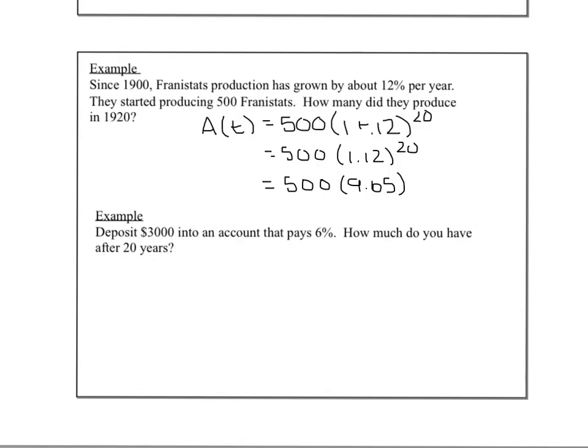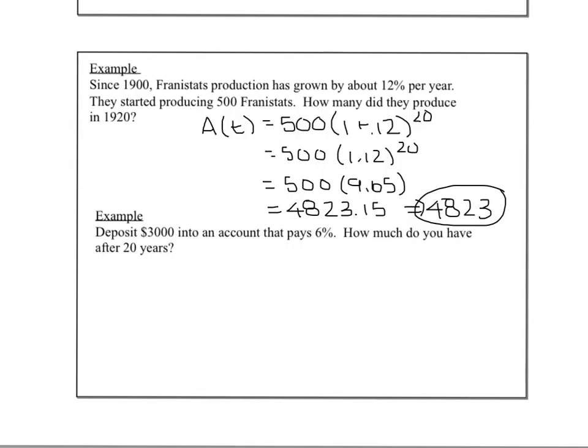Then I multiply 500 times 9.65, and they'll be producing about 4,823.15 Franostats. Now, you can't produce 0.15 of a Franostat, so you would say they produce 4,823 Franostats as the final answer.